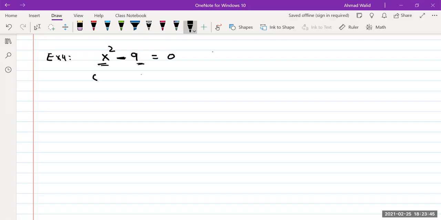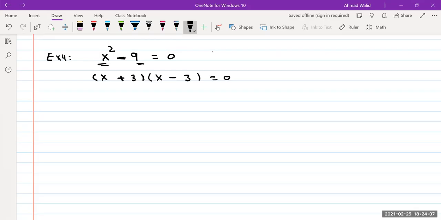Immediately you know what to do. Open 2 parentheses, square root of the first term in both, then one of the parentheses positive, one of them negative, and square root of the second term, which is 3 in both. Here you go, you factor. X plus 3 times x minus 3.